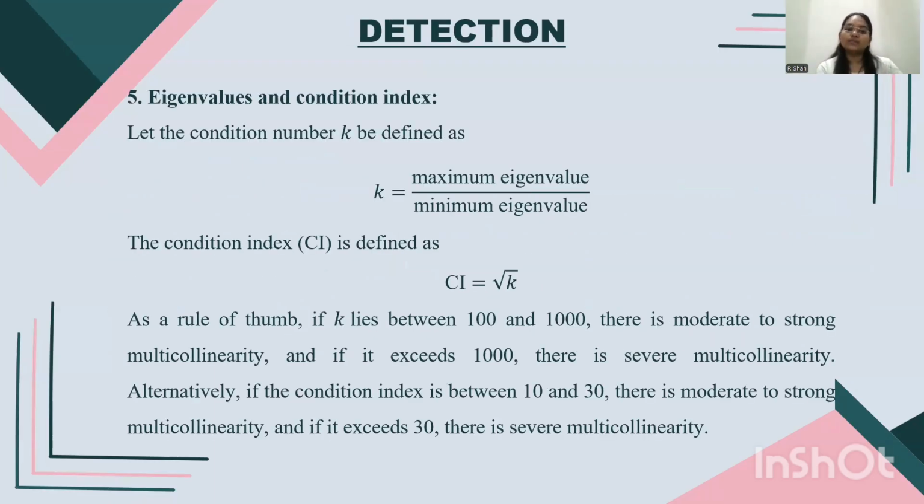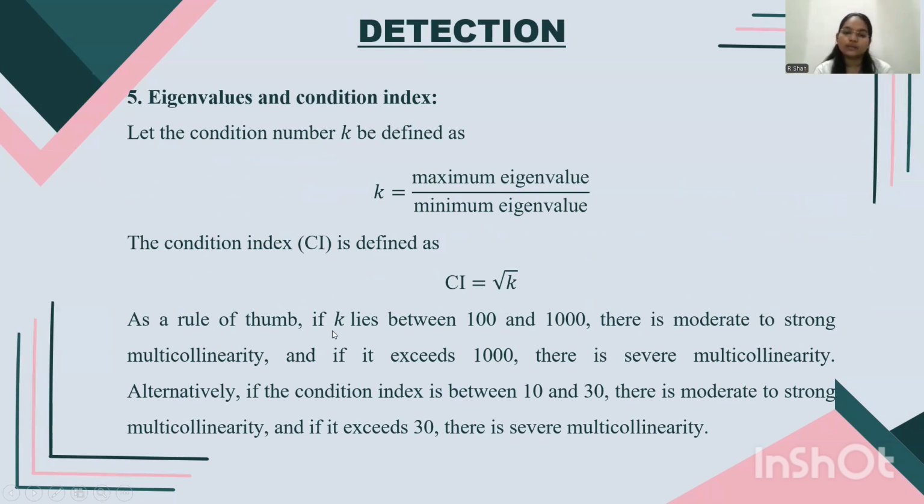Find the eigenvalues or condition index. Let the condition number k be defined as k equals maximum eigenvalue upon minimum eigenvalue. The condition index is defined as CI equals square root of k.